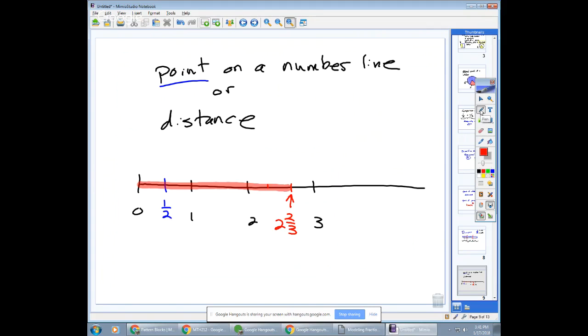So I start here and I have 1, 2, 3 thirds to get that whole, 1, 2, 3 thirds to get that whole, and then I jump 1, 2 more thirds to get to that position right there. So altogether I have 3, another 3, and another 2. So this would be what, 8 thirds to get to that position?